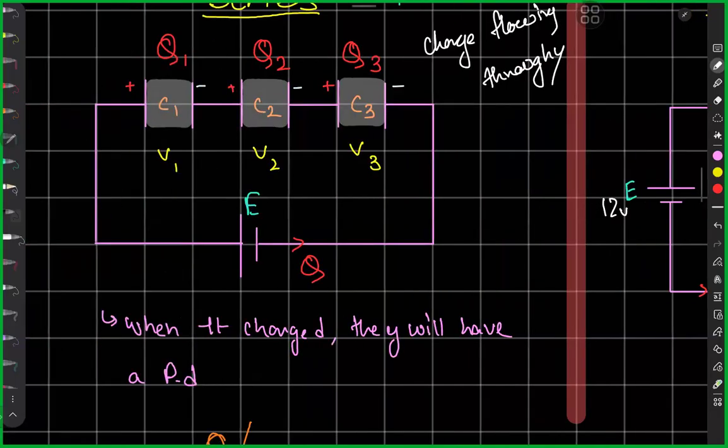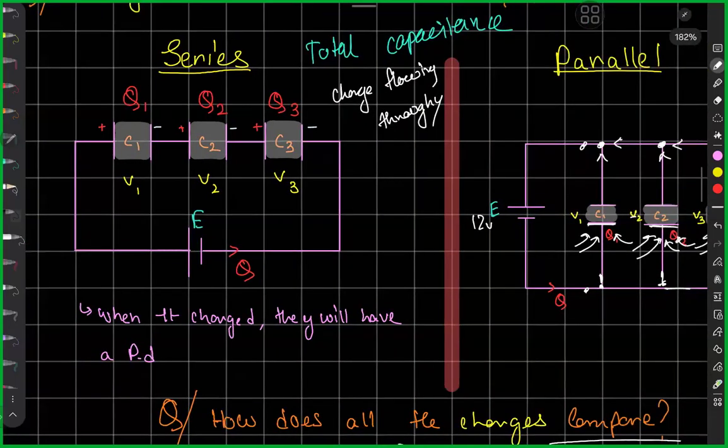When you have them in series, what happens? Whatever the EMF is, it gets distributed across all three. So since the EMF gets distributed between all of these three capacitors, the total amount of charge that you can store becomes less at each of these capacitors.